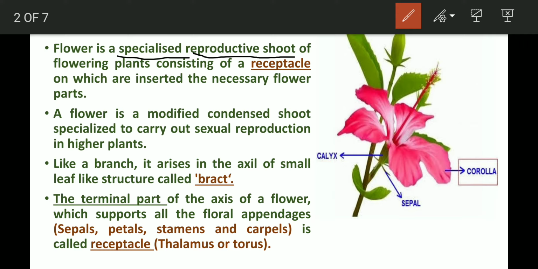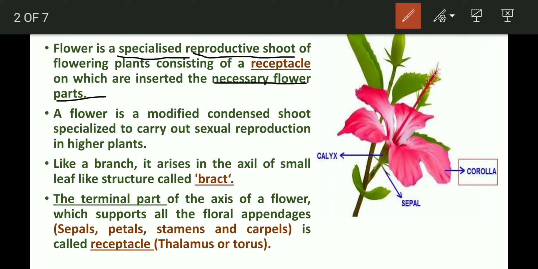Okay, so it consists of a receptacle. I will show you in the diagram what the receptacle is. Receptacle basically is that portion which is holding all the flower parts. The basal portion of the flower which is holding all the flower parts is called a receptacle, on which are inserted the necessary flower parts.